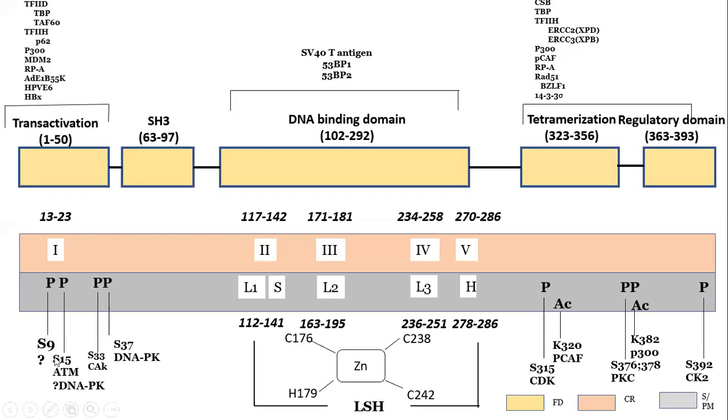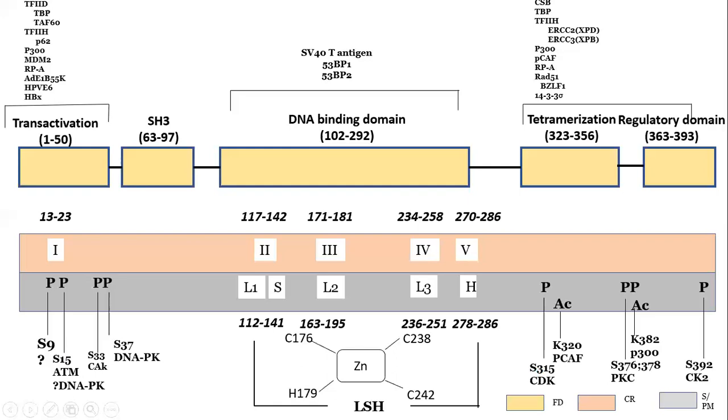S15 is important because it can be recognized by ATM. Similarly, S33 phosphorylation is recognized by CAK. DNA-PK can recognize this. CDK can recognize serine 315 phosphorylation.